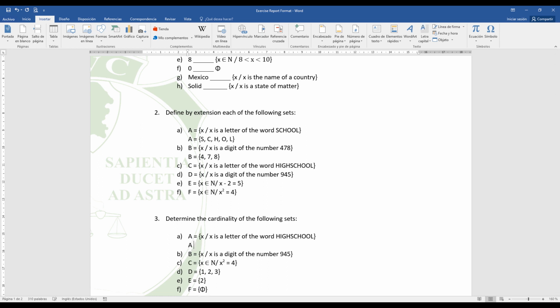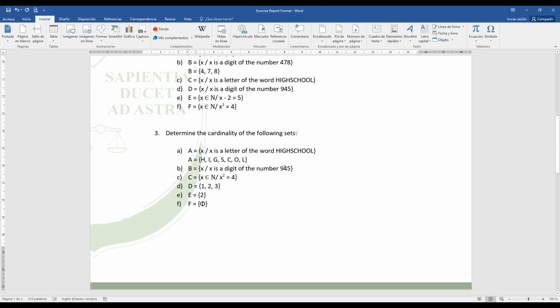So what is the cardinality here? The cardinality of A equals 1, 2, 3, 4, 5, 6, 7.